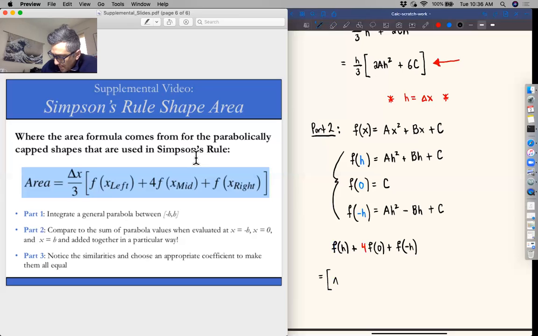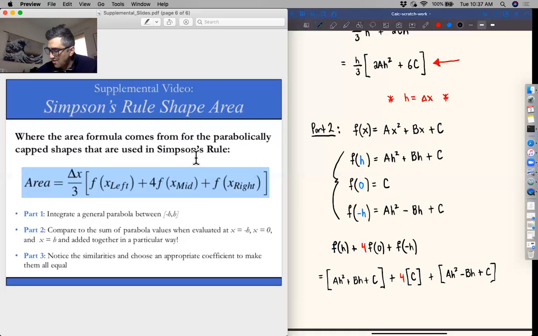So we have ah squared plus bh plus c. We will get plus 4, and f of 0 is just equal to c. And then we'll get plus 1 times f at minus h, which is ah squared minus bh plus c.